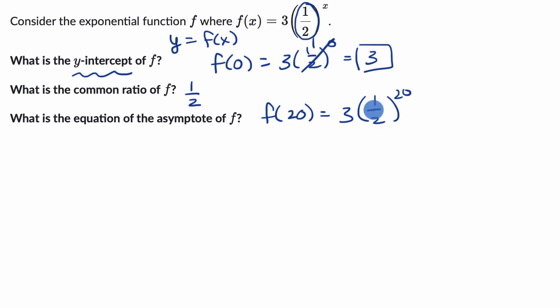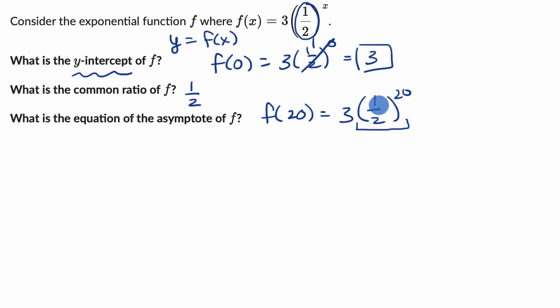You might realize that if I took 1/2 and multiplied it 20 times, you're going to get a very, very small number. It's going to be approaching 0, but not quite getting to 0. You multiply it by 3, it'll be 3 times bigger, but it's still going to be very small. And this is just when x equals 20. If x equals 30, 40, 100, you're going to get closer and closer to 0, because you're taking a number between 0 and 1, and every time you multiply it, you're getting smaller and smaller.